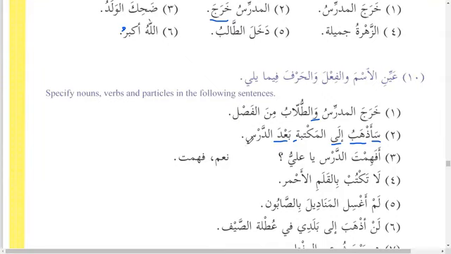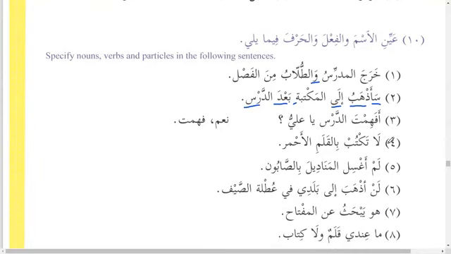Ad-dars is also ism, اسم. Hamza is حرف, particle. What kind of harf is this? Istifham. Because you know, huruf have many different kinds. For example, sa is called harfi istiqbal. Waw is called harfi atf. Min is called harfi jar. And a is called harfi istifham.